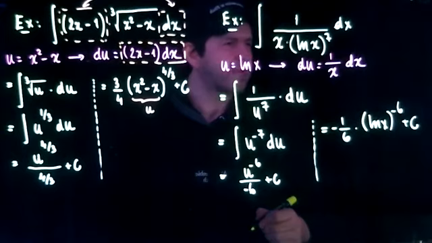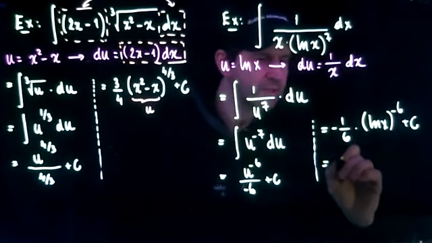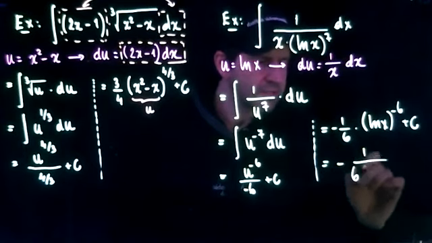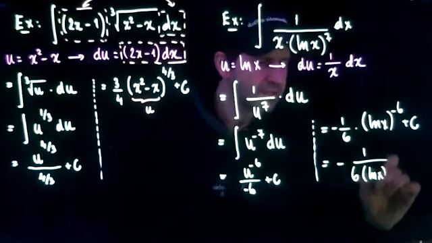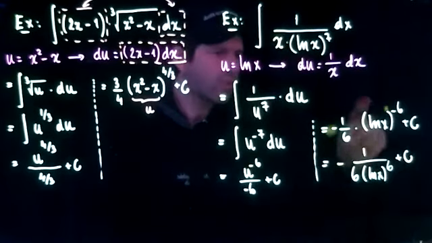That's it. That's your answer. If you don't want to have negative exponents, you could also write -1 over 6 ln x to the 6, plus c. Both of them are excellent.